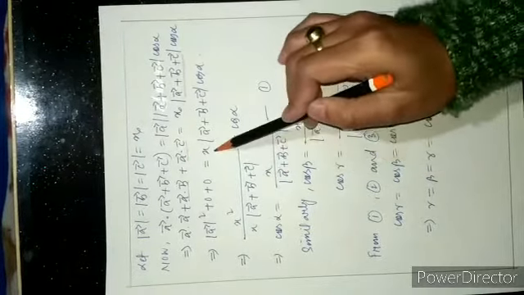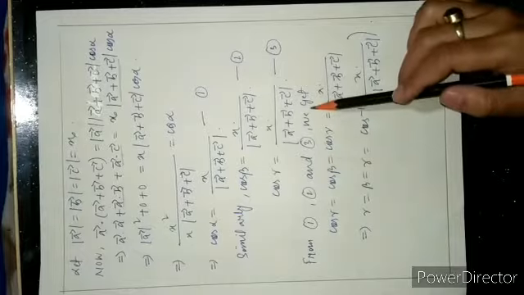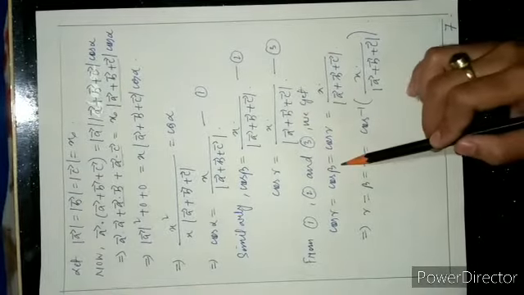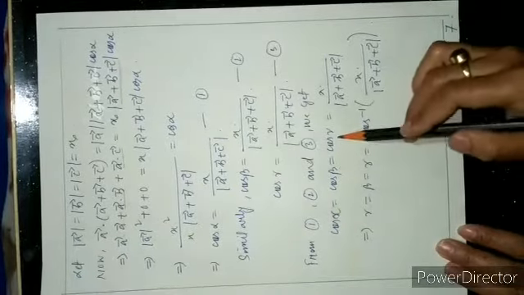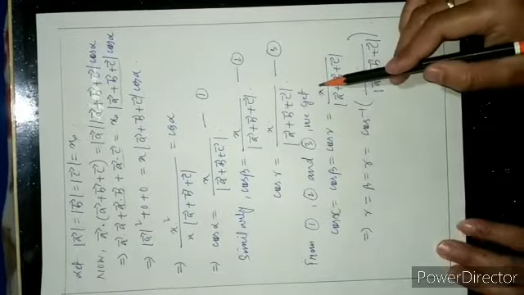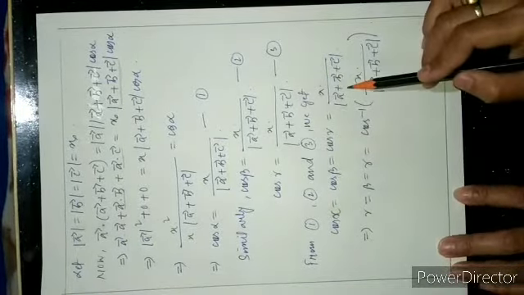Calling these equations 1, 2 and 3, from equations 1, 2 and 3 we get cos alpha, cos beta and cos gamma equal to x divided by magnitude of A vector plus B vector plus C vector.